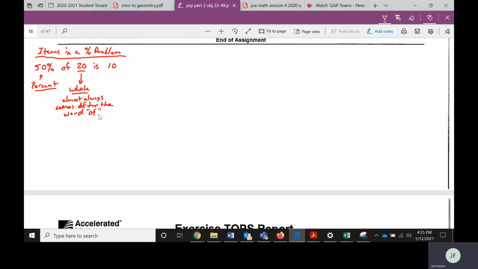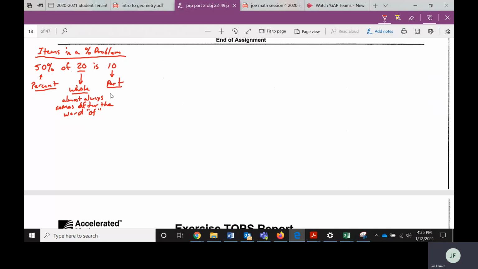So here it says 50% of 20, and then is 10. This would be the part. Usually you'll know the part, you'll figure that out almost last because percent's easy to find. Whole is pretty easy to find because it's after the word of.